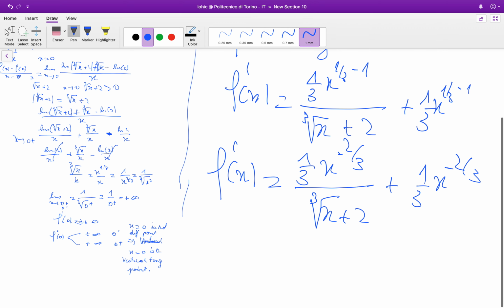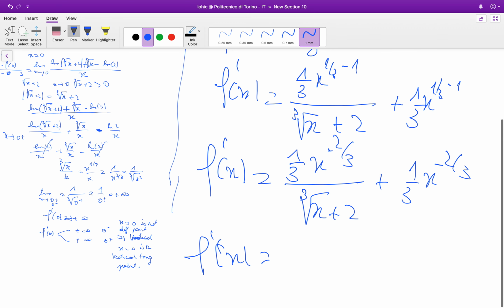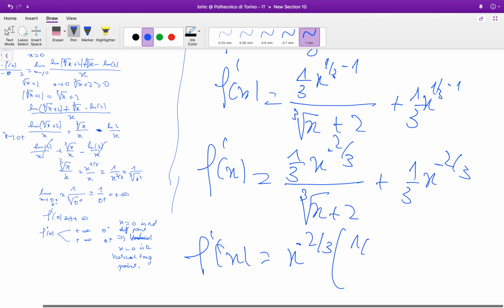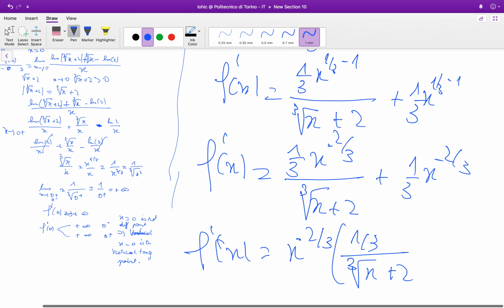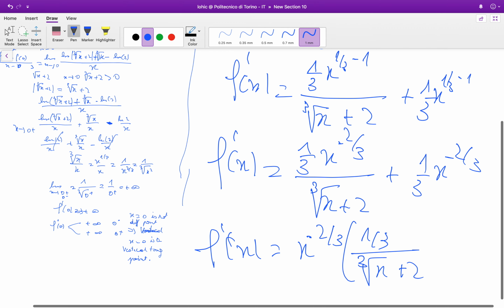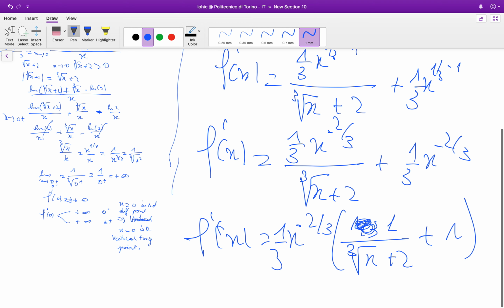Then we get that f prime of x is equal to, you can easily see that we can bring out x to the power minus 2 over 3. Here we remain with 1 over 3 all over cubic root of x plus 2. Right? Now we can even bring out 1 over 3, and here we remain just with 1 plus 1.